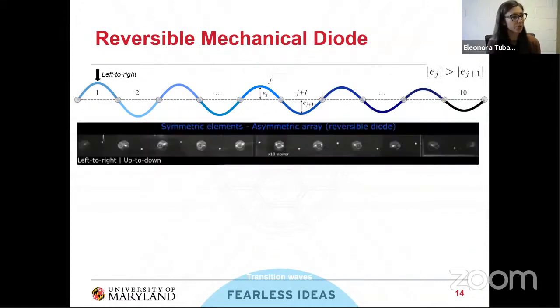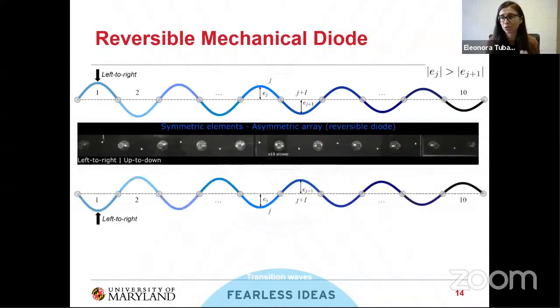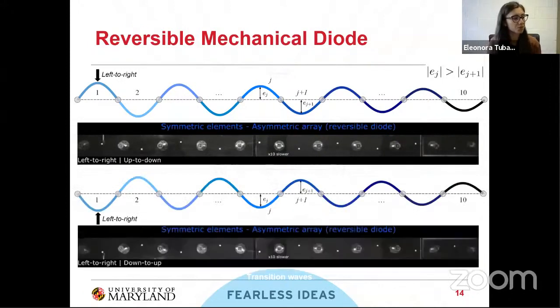So if we actuate our system from left to right, we would see that we have a signal propagating within the medium. Now, can we redo it? So again, from left to right, but this time from down to up. And yes, the answer is we can redo it without the need of manually recharging the system.